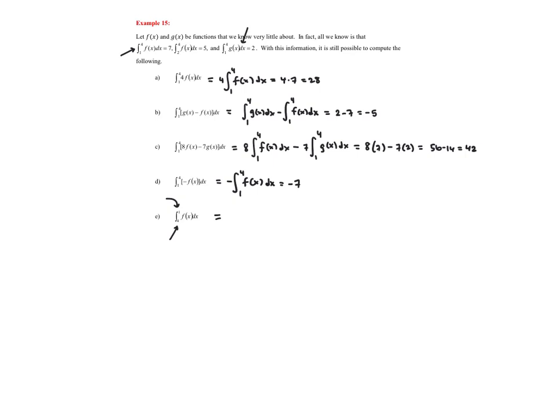Now, one of the rules on that slide that I told you should read through is, if I flip the limits, I change the sign of the area. And therefore, yet again, I'm going to get the same answer as I did in part D, which will be -7.